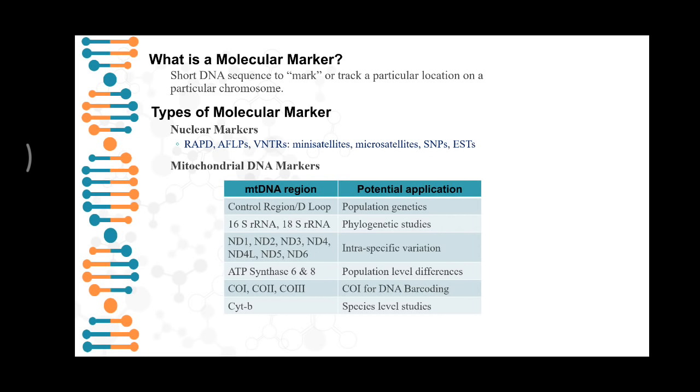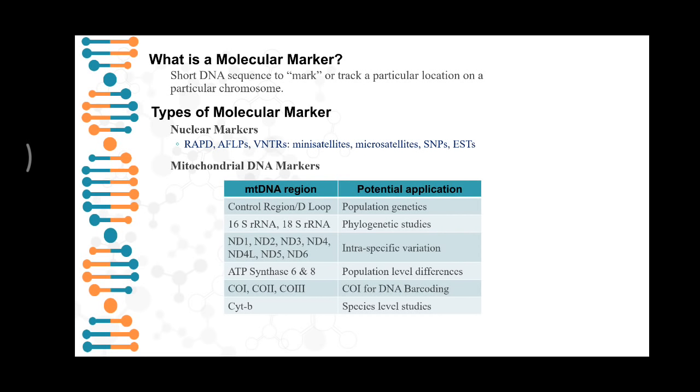Some of the techniques we use to isolate these nuclear markers for diagnostic aspects and various other applications are, for example, RAPD, which we call random amplified polymorphic DNA, AFLP, amplified fragment length polymorphism, and VNTRs, variable number of tandem repeats, which are less than 60 nucleotide base pairs, microsatellites, SNPs, which we call single nucleotide polymorphisms, ESTs, expressed sequence tags. So these are all types of nuclear molecular markers.